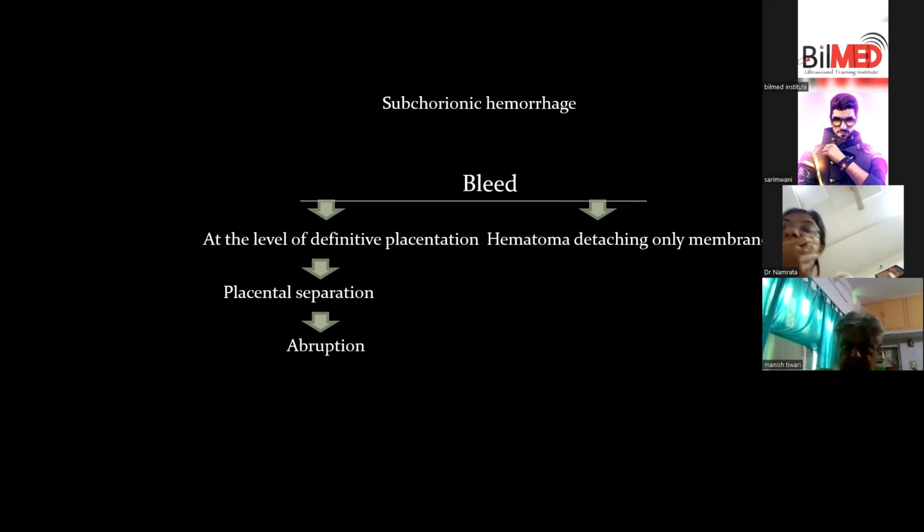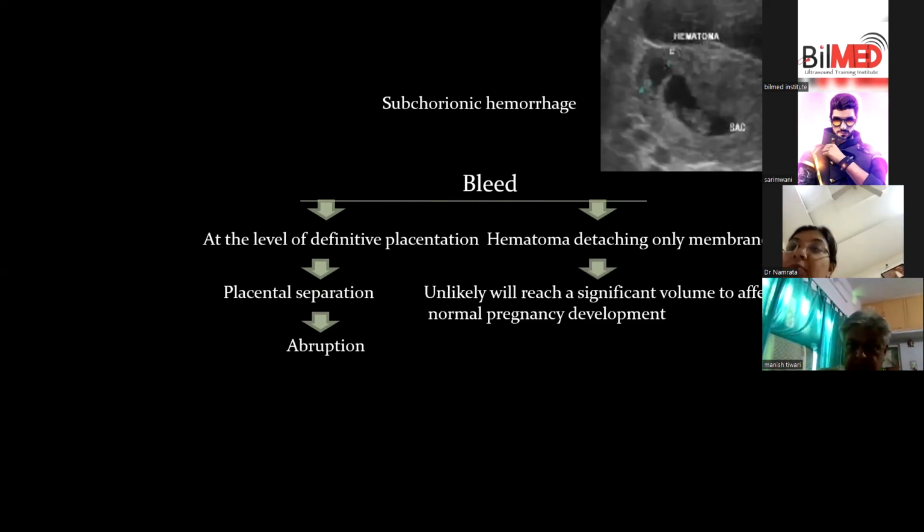But if the hematoma is detaching the membranes only, then it will unlikely reach that size where it will detach the placenta. So the point is, if it is not at the level of the placentation, that is not very worrisome.